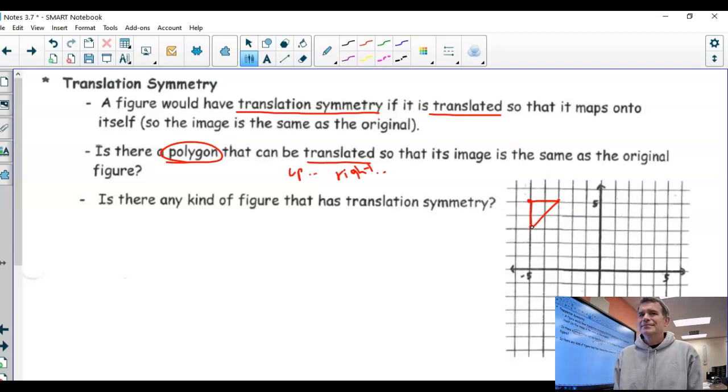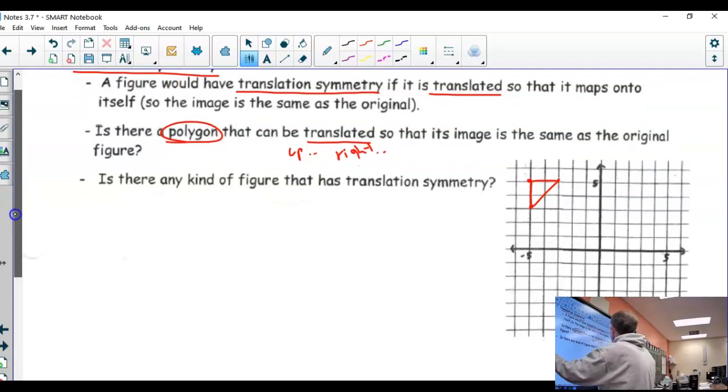Well, the answer is no. That would be impossible. How could you move that triangle and have it end up where it started? Unless you went up 3, down 3, but then you have not moved it. So no, it does not have translation symmetry.